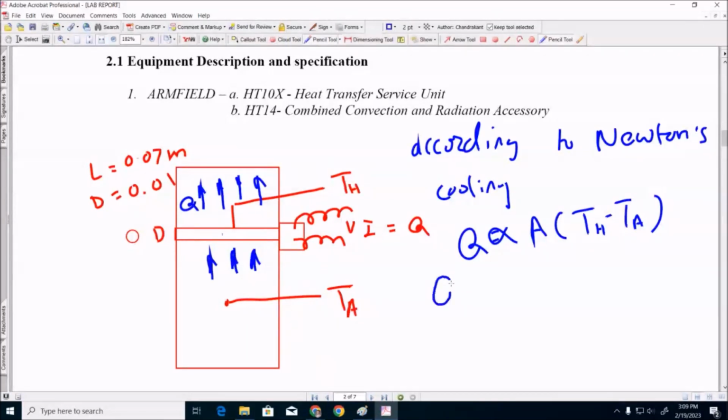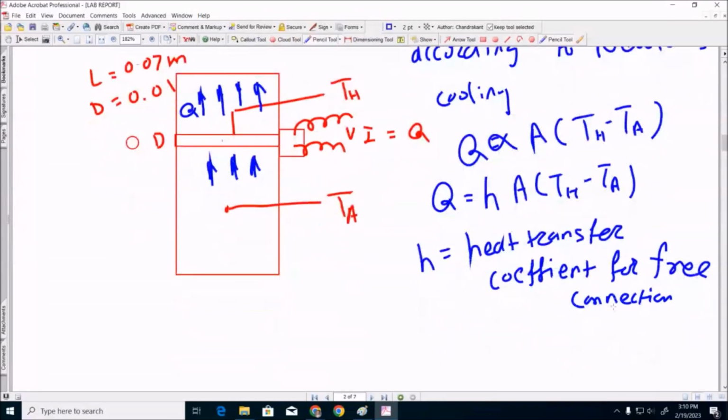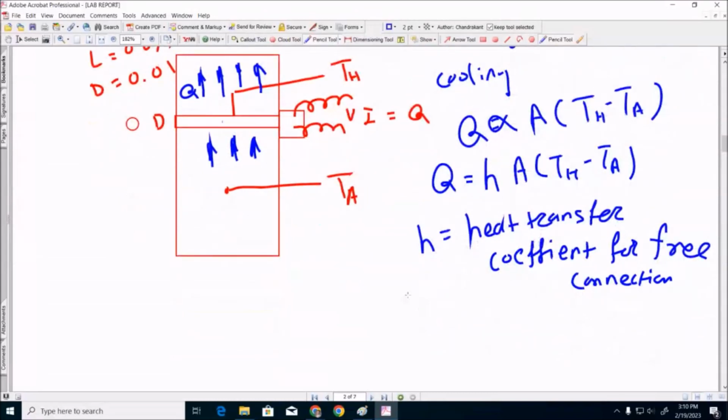If you remove the proportionality constant, it is replaced by h: Q = h A (Th minus Ta). Our objective is to find h. h is the heat transfer coefficient for free convection, defined as h equal to Q by A (Th minus Ta).